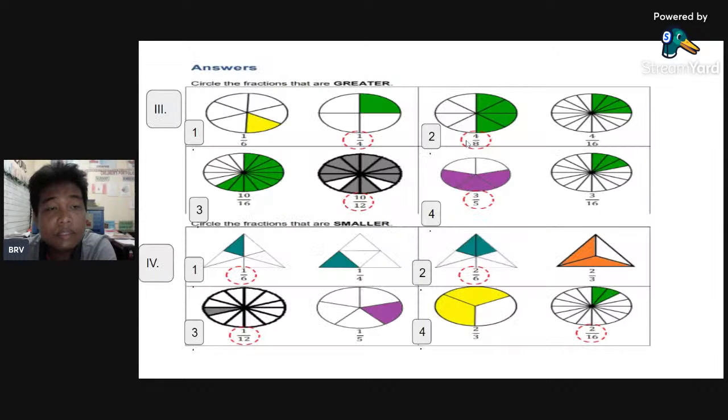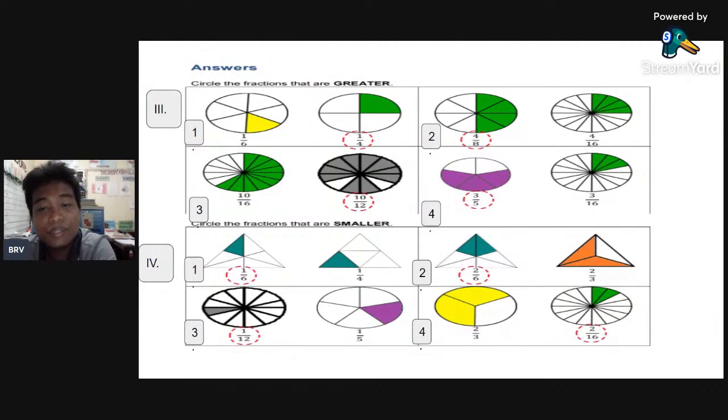Next, the answers. Test 3: number 1, 1/4 is greater than 1/6. Number 2, 4/8 is greater than 4/16. Number 3, 10/12 is greater than 10/16, so 10/16 is smaller than 10/12.